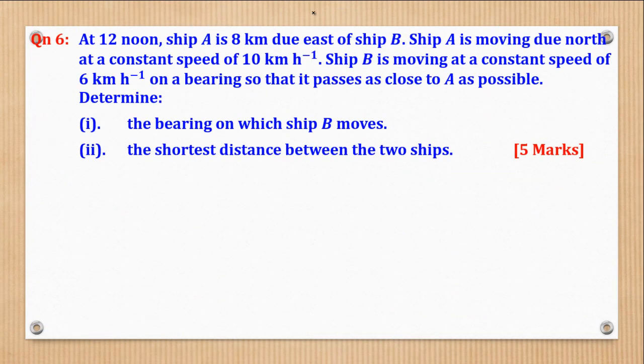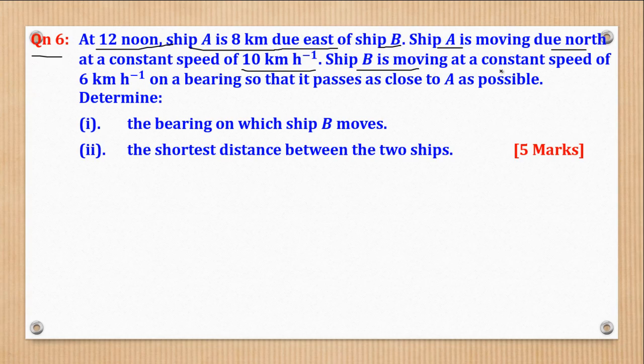Now we shall go to question 6. Question 6 says, at noon, ship A is 8 kilometers due east of ship B. Ship A is moving due north at a constant speed of 10 kilometers per hour.